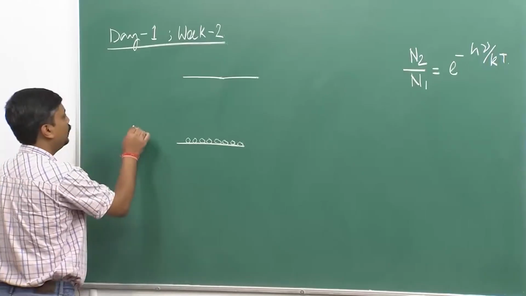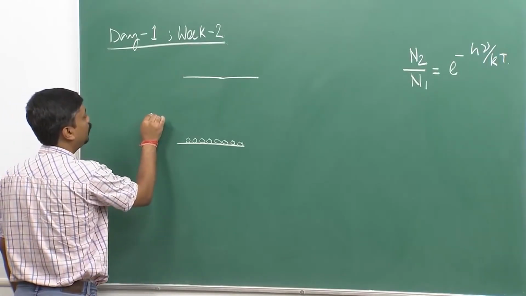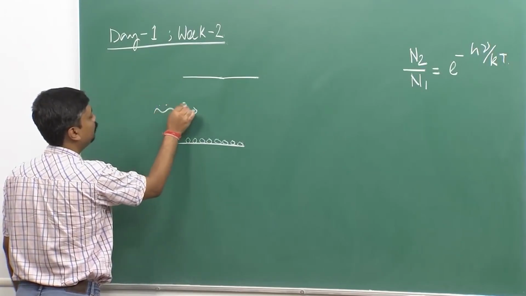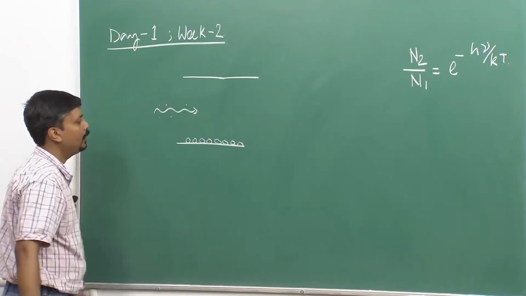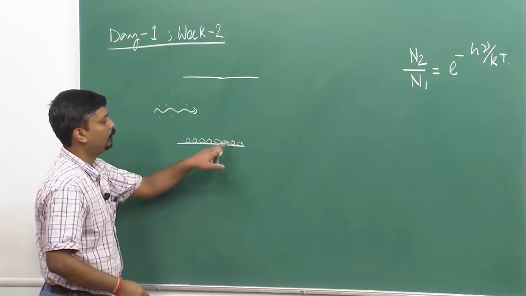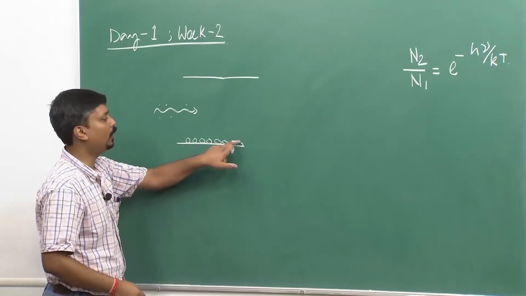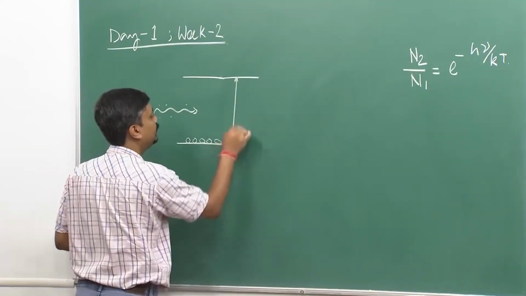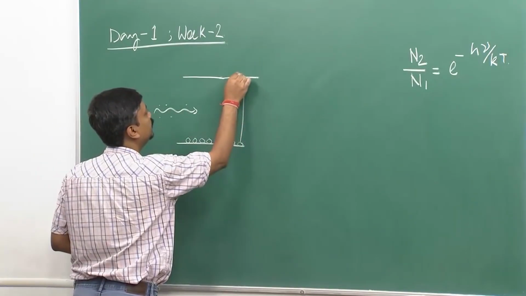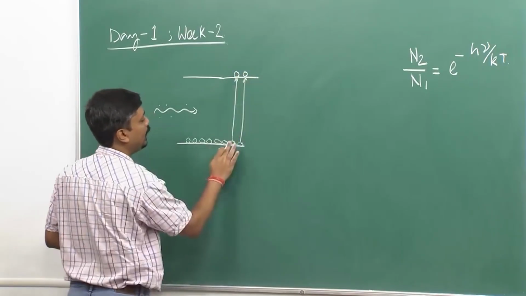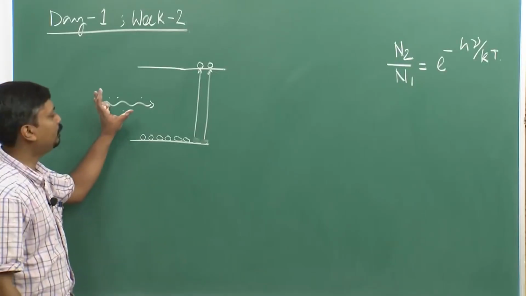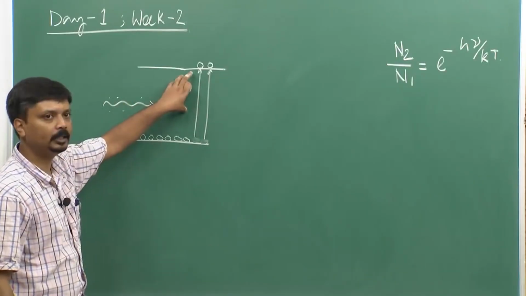Now, in step 1 I come with some photons. So, there are many photons I am sending in, and 2 of these atoms go from here to here. So, they make a transition here, this one makes a transition here. So, I essentially have this one and these 2 are non-existing here. So, after sending these photons I get this condition.